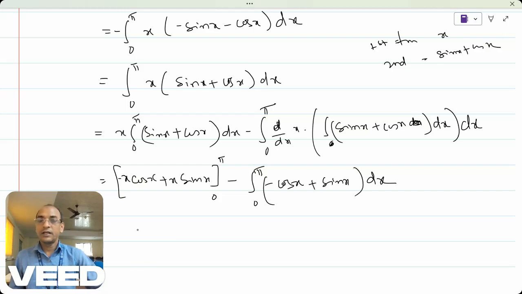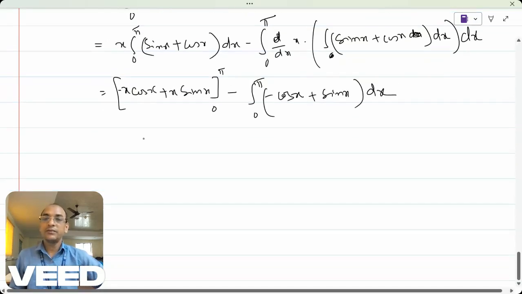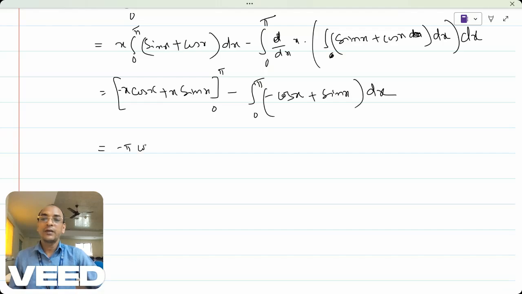So what will I get if I put the limits in the first term? The first term will give the upper limit, pi cos pi plus pi into sin pi, minus the lower limit, 0 cos 0 plus 0 into sin 0.